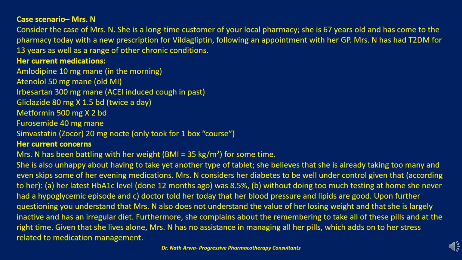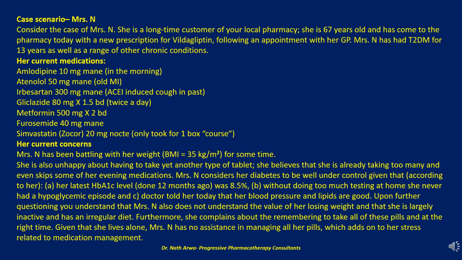Gliclazide 80 mg dosed at 1.5 twice a day. Metformin 500 mg dosed at 2 twice a day. Furosemide 40 mg in the morning. Simvastatin, Zocor, 20 mg at night. The patient only took it for one box course.